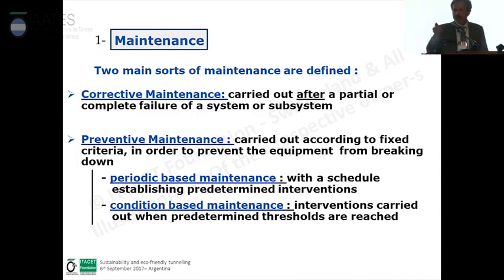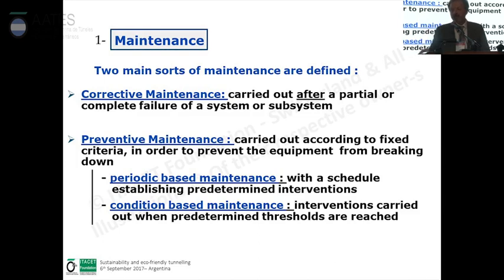Maintenance, I already explained that there are 2 sorts of maintenance. The corrective one, which we can find everywhere. We wait for a partial or complete failure of the system, and then we repair it. So we wait for the breakdown to repair the system.